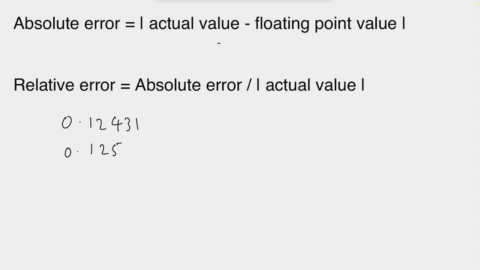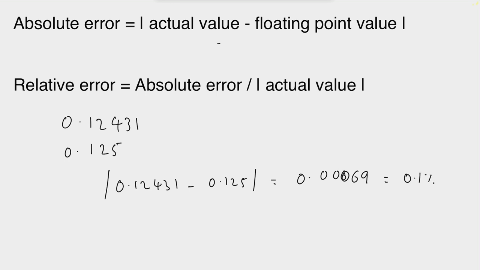So the actual value is 0.12431 minus the floating point value, so that's 0.125. Then when we do that, and we need to make that positive as well, we get 0.00069, and that equates to, when we do all the rounding, 0.1%.